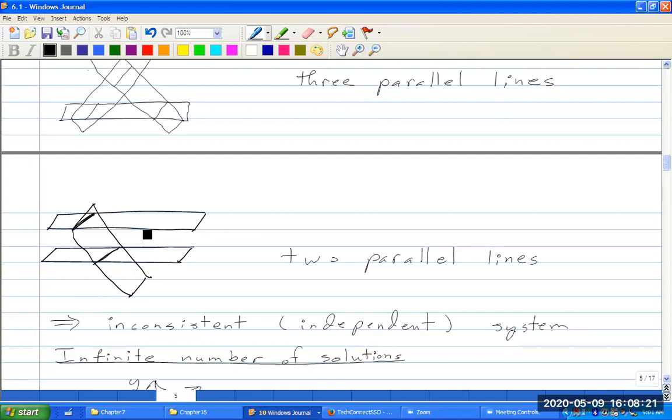Not everything will intersect at one point. So this is the case where you have things that are somehow parallel. I will usually just call this an inconsistent system when we have no solution.